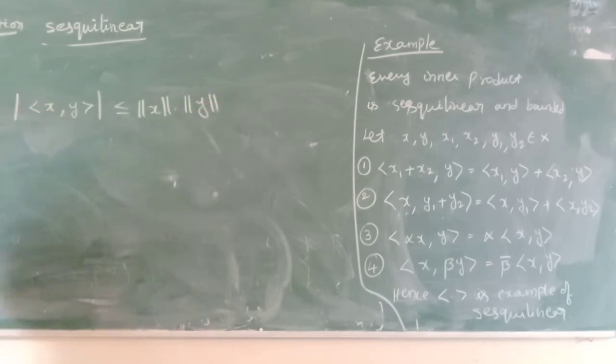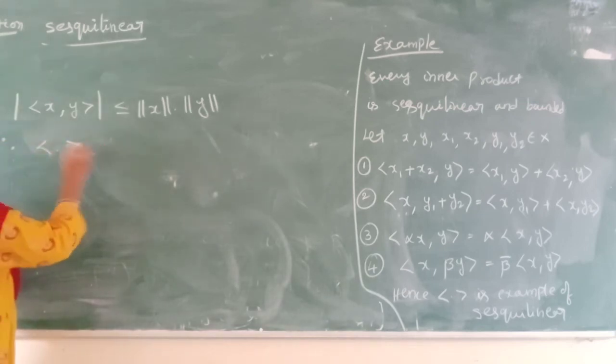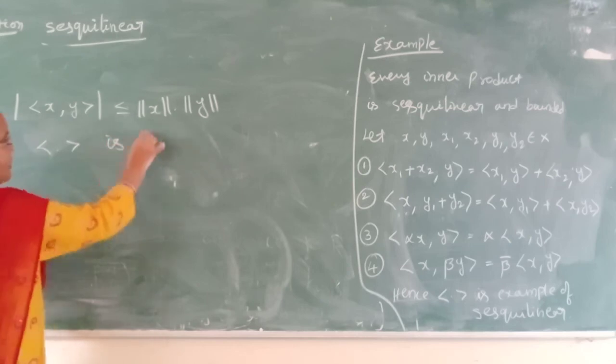If you are taking the norm of these two variables as a certain constant, then the modulus of the inner product is less than or equal to a certain constant, then this inner product is called bounded. So therefore the inner product is bounded.